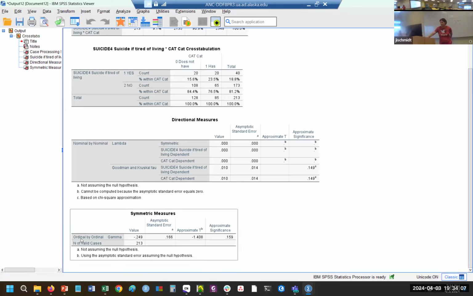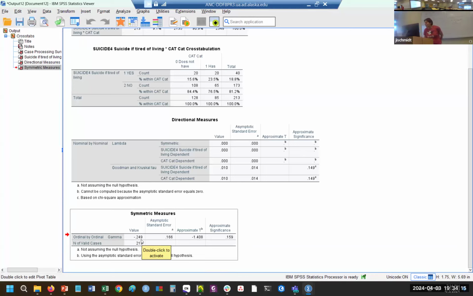One thing is, if we did treat them as ordinal, we get a value of 0.249 here, which indicates that there is a negative correlation, or association, which we saw.